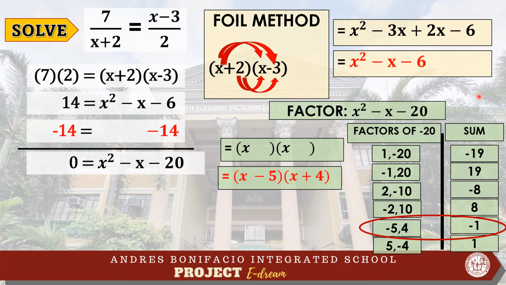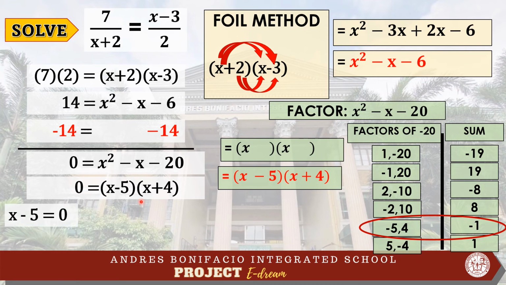So let's put this factor in an equation. It becomes 0 is equal to the quantity x minus 5 times the quantity x plus 4. To get the value of x, or the solution of the quadratic equation, we will equate each binomial to 0. It becomes x minus 5 is equal to 0, x plus 4 is equal to 0.